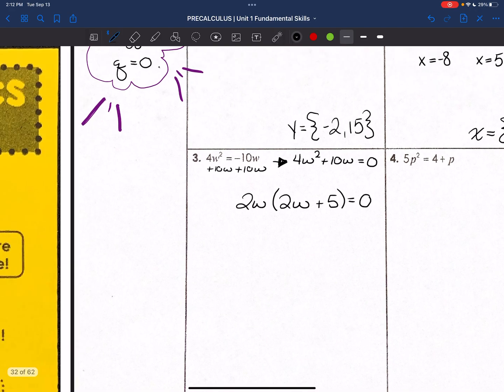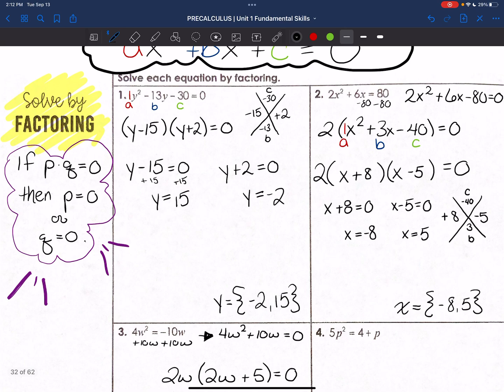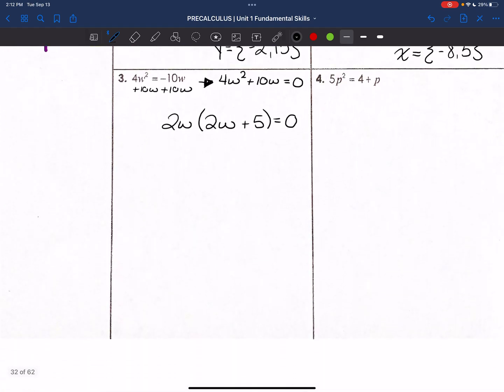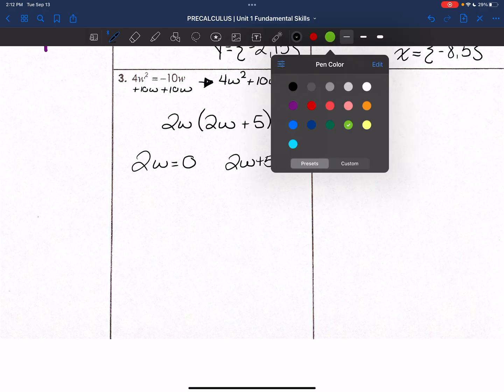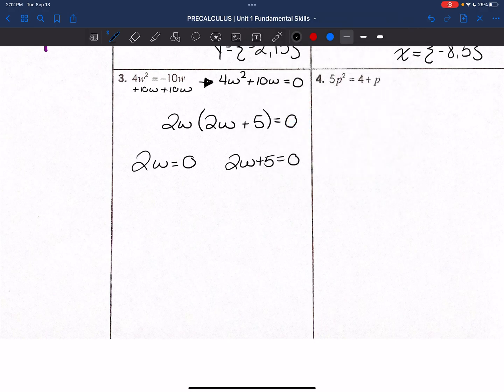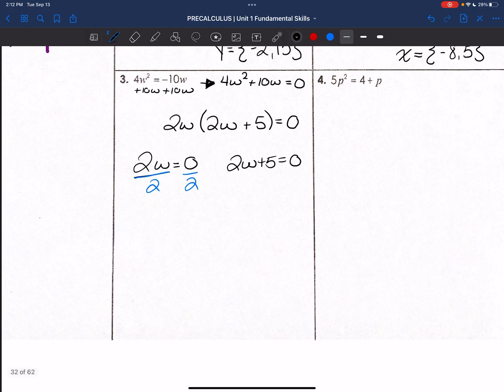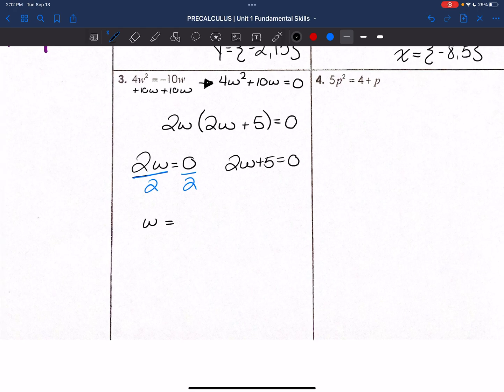Now let's go ahead and use our zero product property and set each of those factors equal to 0. All right, and let's go ahead and solve. If we are solving that first, it's going to be dividing by 2 on each side, which gives us w equals still just 0.